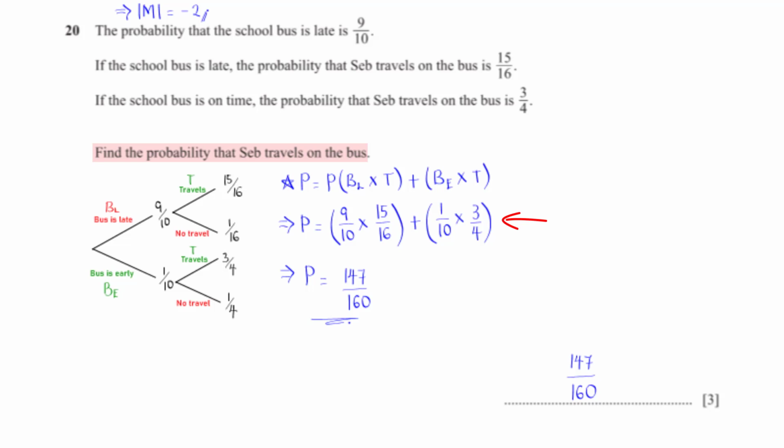The probability that the bus is early is 1 over 10. And the probability that Seb travels on the bus when the bus is early is 3 over 4. And so when we type this expression into our calculator, we get 147 over 160.